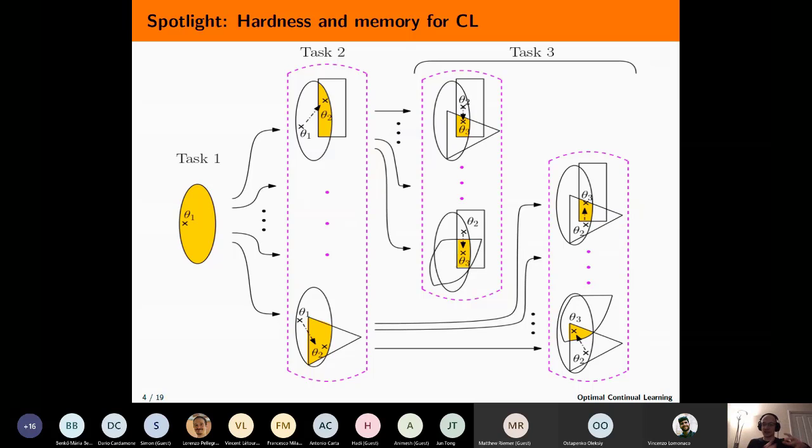So all the solutions that work on the first task have to be memorized until you can be sure of the ones that you can discard because they don't work anymore on the second task. And so you need to navigate a kind of tree structure that forces you at each time point to memorize all working solutions that happened before, because you can never be sure that the next task wouldn't require you to use a solution that you have discarded before you saw it.